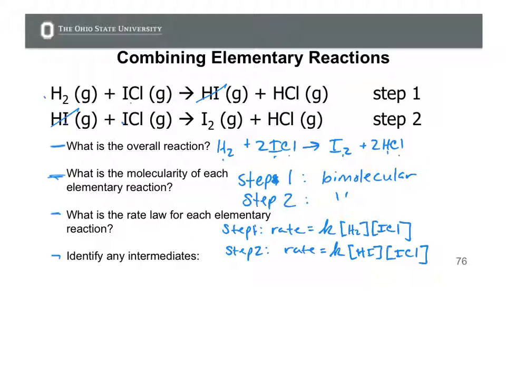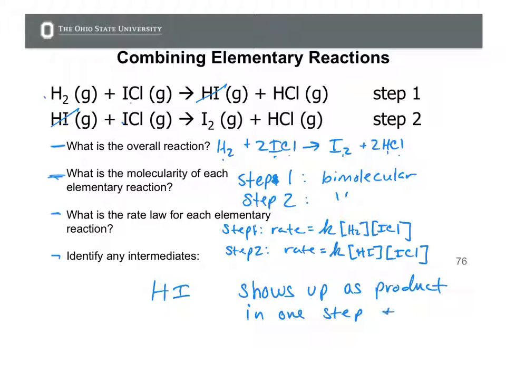All right. What's the intermediate? HI. Yep. An intermediate shows up in the products of one reaction and is used up on the reactant side of another reaction. It serves as a product in one step and is used in another step.